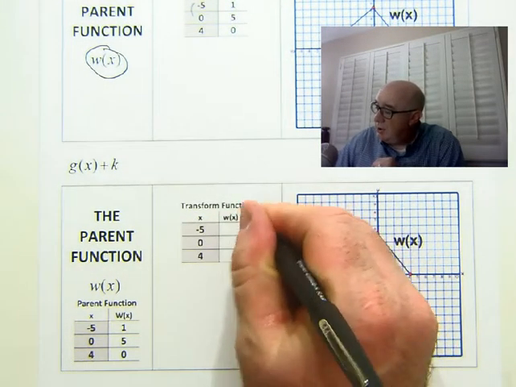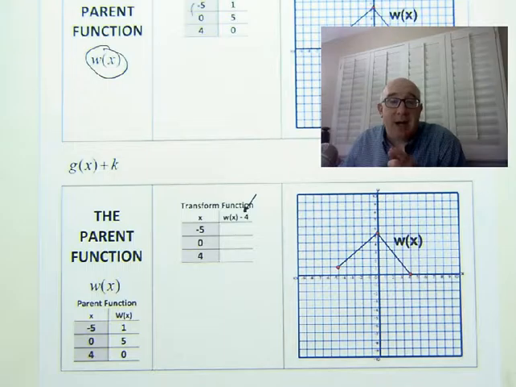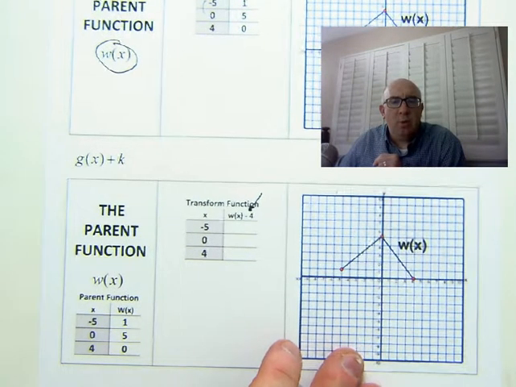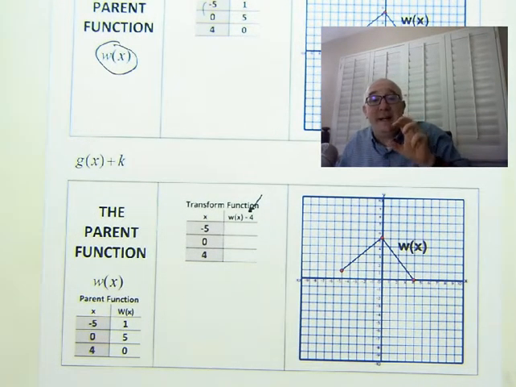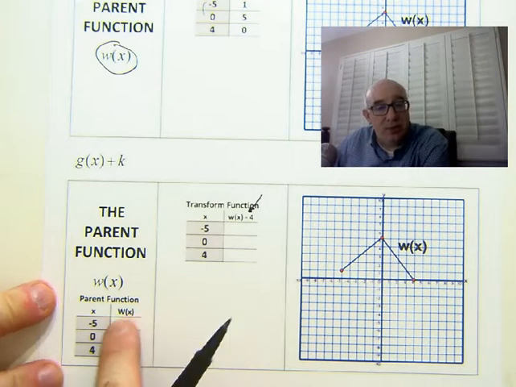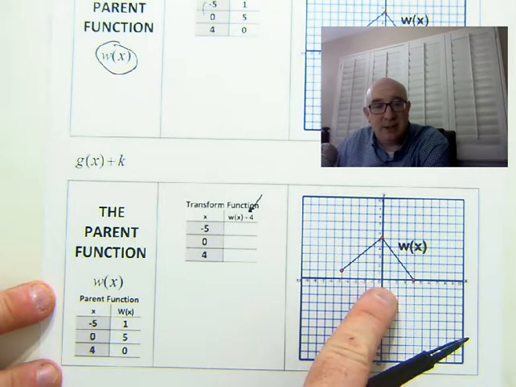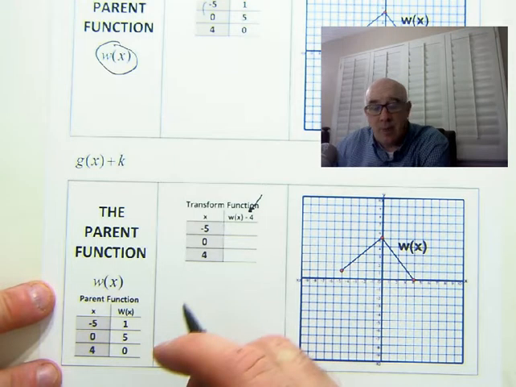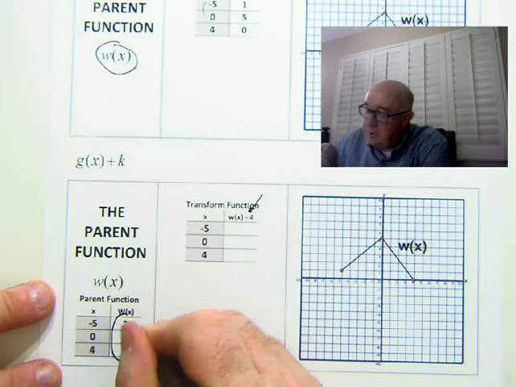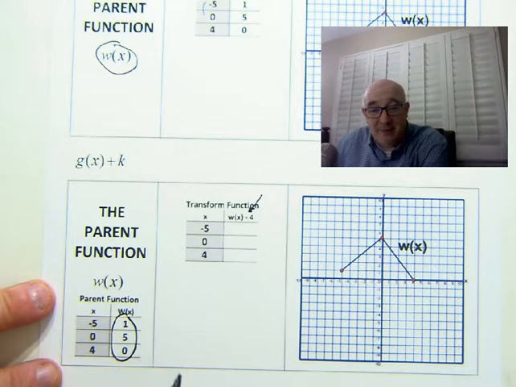Here we're going to do w of x minus 4. Now, you would have learned that that is the k value, the up and down motion. And so what we expect to the original points here at -5 and 1 and 0 and 5 and so on, is that all of these values are going to drop by 4.